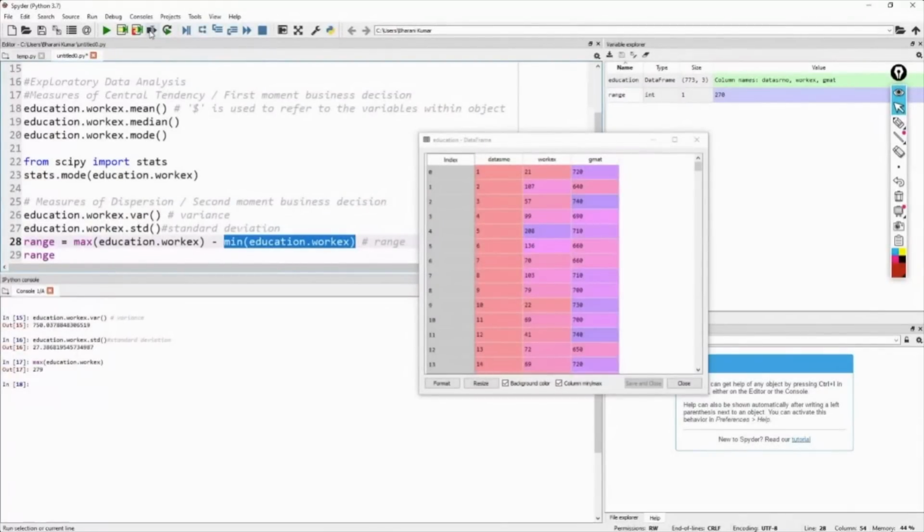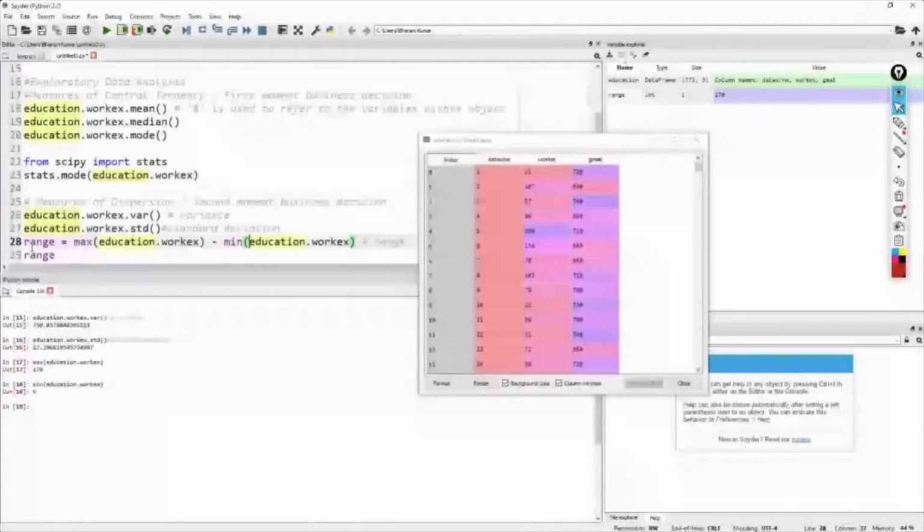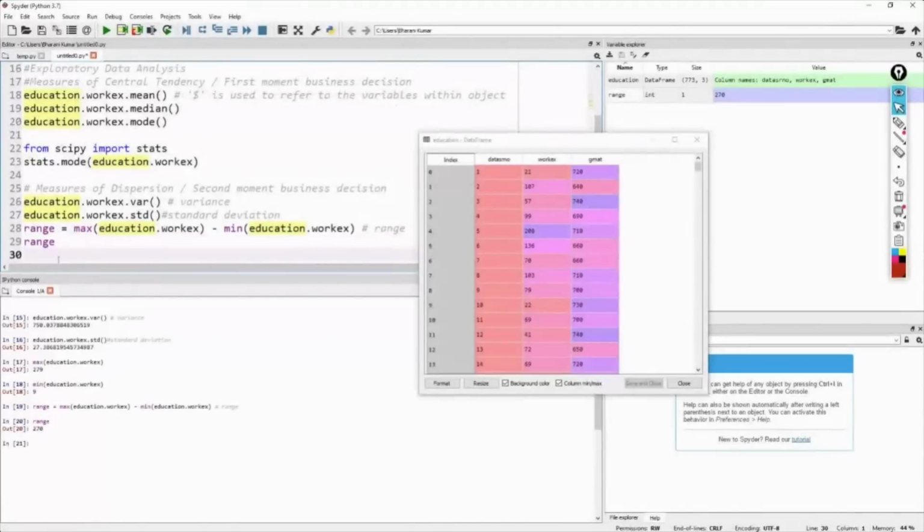And then if I click on run, it gives me the minimum value. When you subtract the maximum value minus minimum value, you get the range. There we go. Range. So I'm storing this, subtracting the minimum value from the maximum value, and then storing that in an object called range. And when I say, hey, what is in that range, can you display? It says 270.